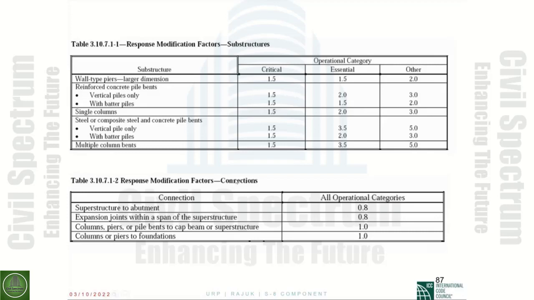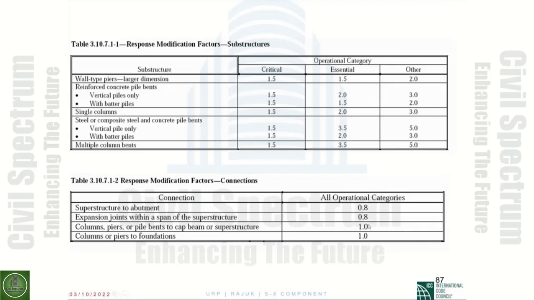Look at the connections here. As you will see, for the superstructure to the abutment and for the expansion joint within the superstructure, we have 0.8. So that means that we are amplifying the elastic seismic forces, because we would like to keep all of these things inside the elastic range. So this one here is a reduction for ductile element.